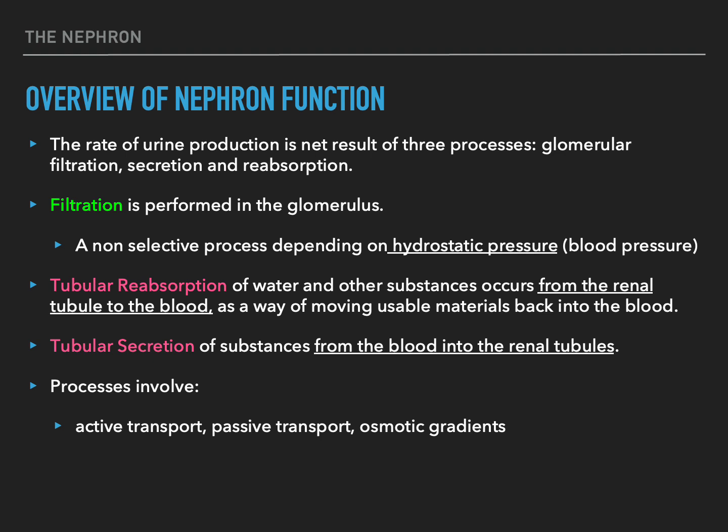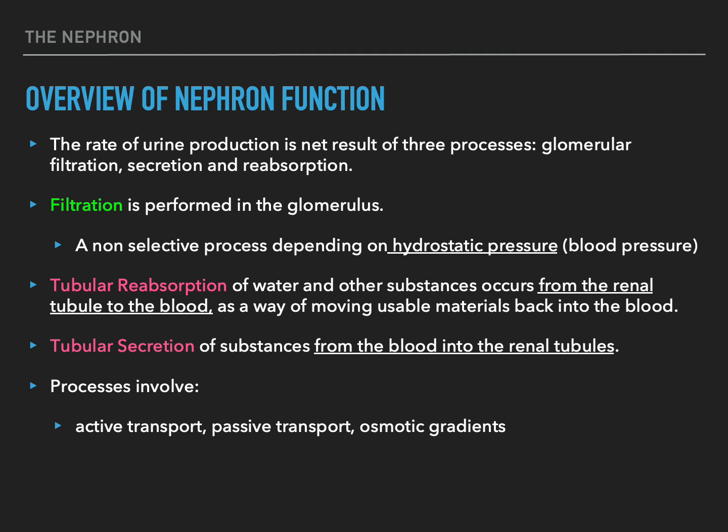The rate of urine production is the net result of three processes: glomerular filtration, secretion, and reabsorption. And we're going to look at each one of those terms in a little more detail. Filtration is performed in the glomerulus, and it's a non-selective process depending on hydrostatic pressure, which in the body is essentially the blood pressure.